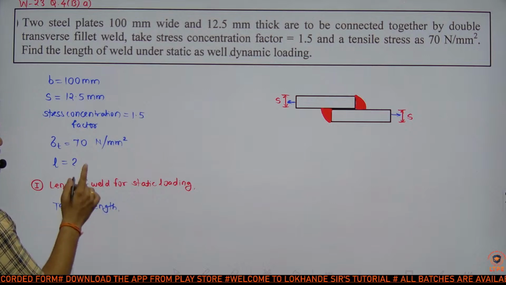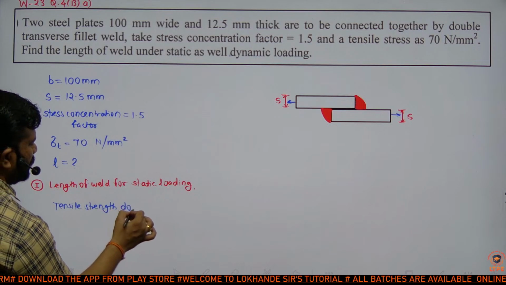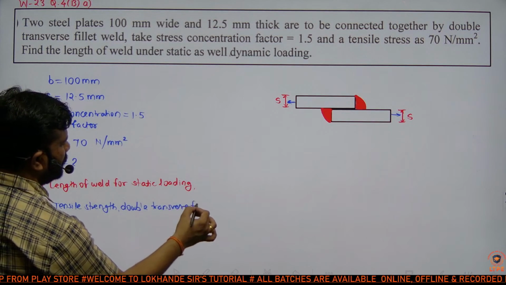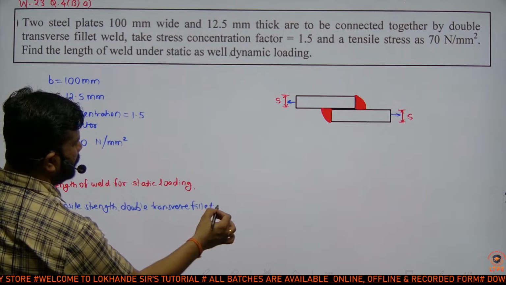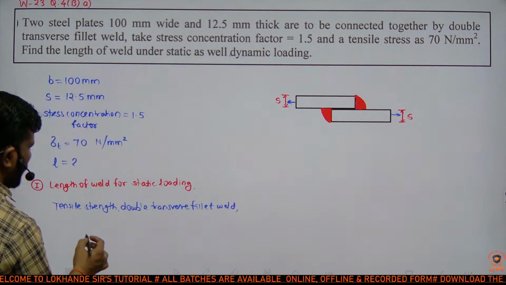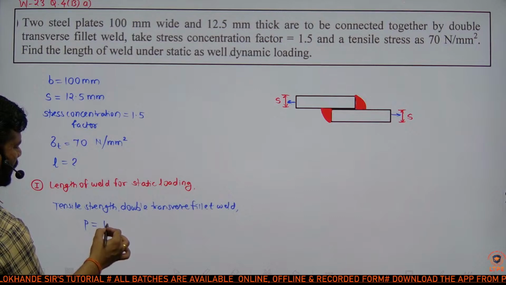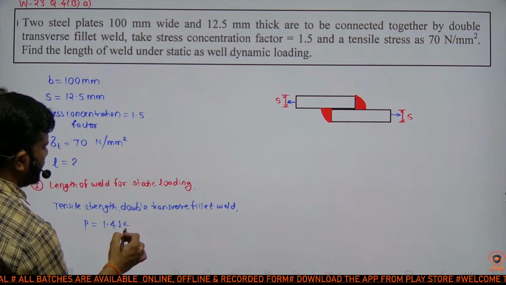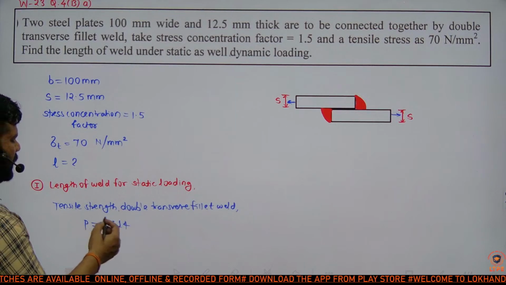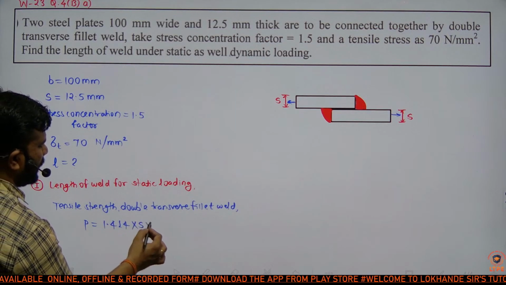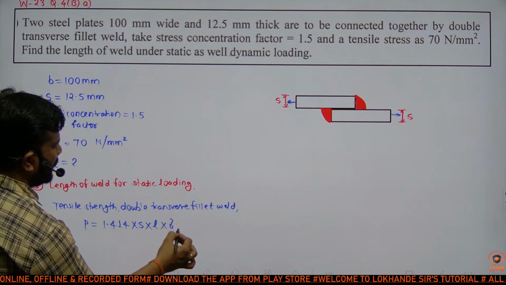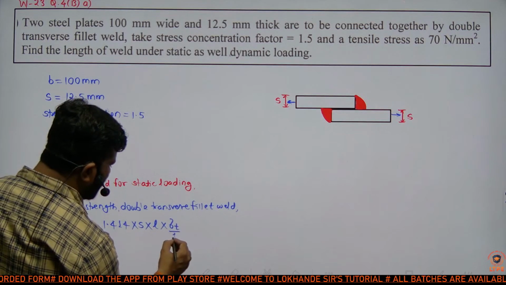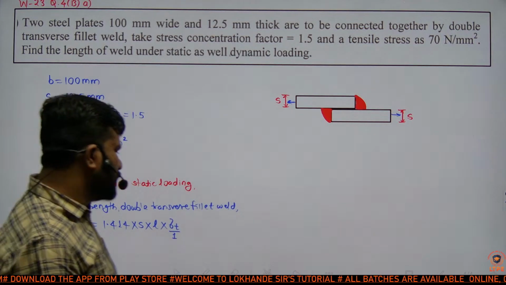What is the tensile strength of a double transverse fillet weld? Fillet weld means lap joint. The tensile strength is 1.414, that is 2 times 0.707, into S into L into sigma T. And for static loading, stress concentration factor is 1, so sigma T by 1.